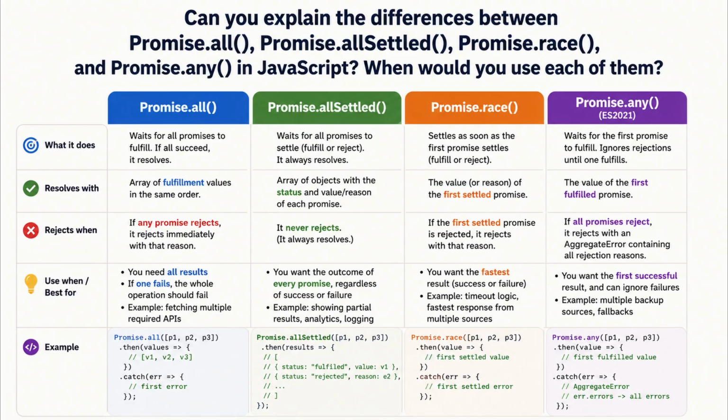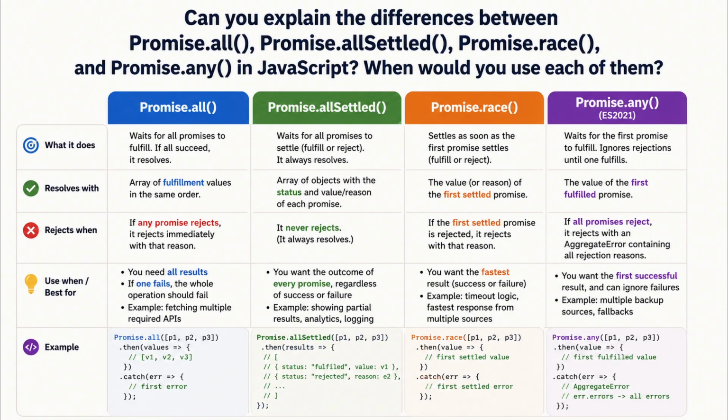Can you tell me the difference between Promise.allSettled, Promise.race, and Promise.any? Have you used any of them in an API? I have not directly used them, but I have a clear understanding about it.